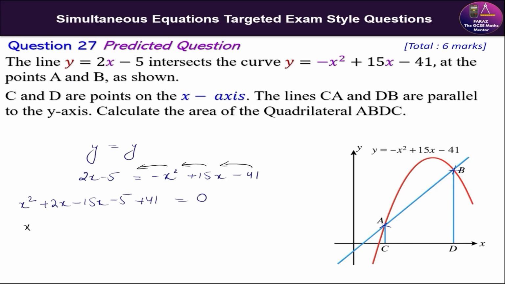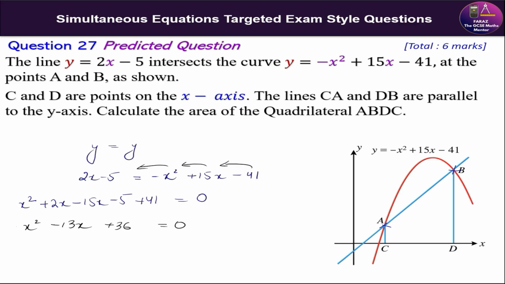Then x squared, 2x minus 15x, that would be minus 13x, and minus 5 plus 41 gives plus 36. So we have to factorize this. We need two numbers that add up to give 13, because plus times minus is minus and minus times plus is minus.